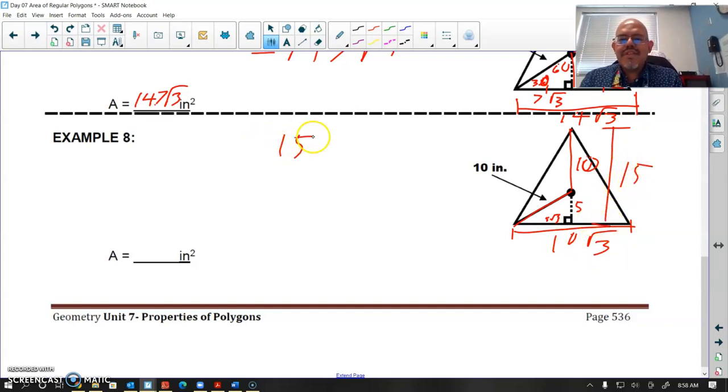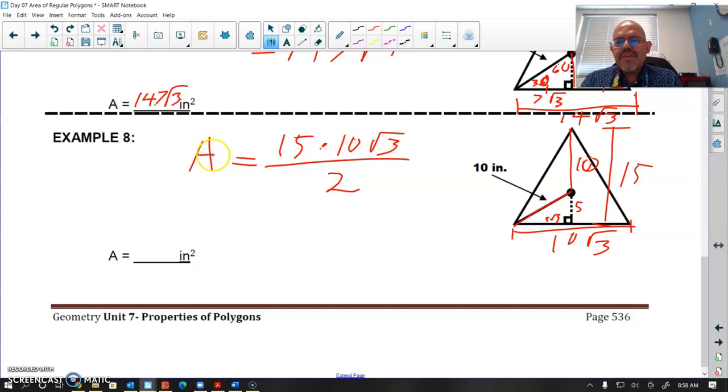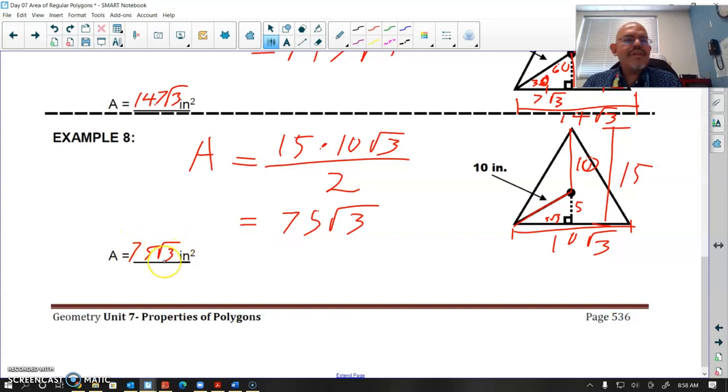So we have 15 times 10 square root 3, base times height divided by 2. So 15 times 10 divided by 2 is 75 square root 3. And that's it, we're done.